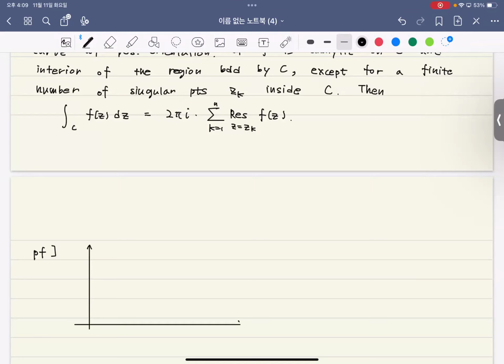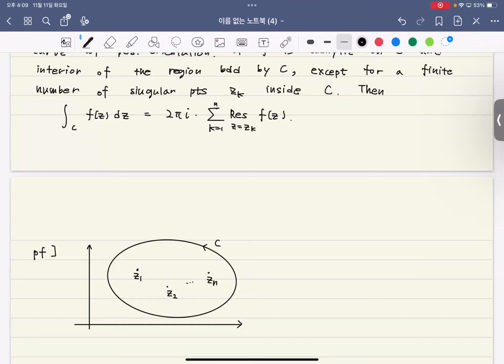I have a complex plane, and I have a curve C with positive orientation, and we have finitely many singularities in the region bounded by this curve, from z1 to zn.